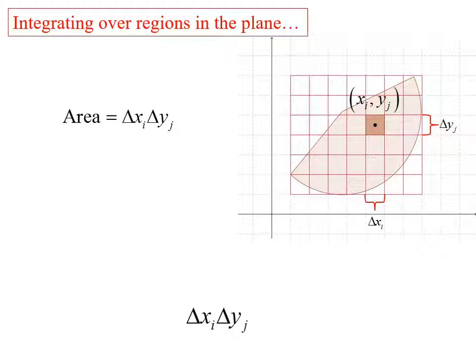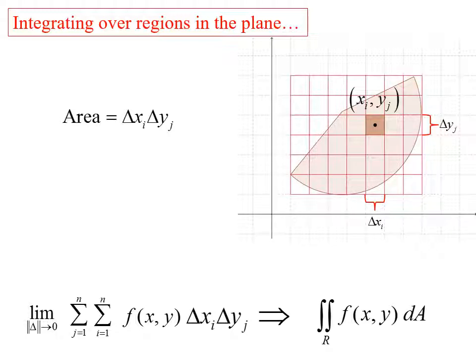We took that and multiplied by the height to get the volume of each rectangular solid. We added all of those up along the x and along the y. We did the limit as the norm of the partition went to 0, which means we divided it into more and more little rectangles, and that was our definition of the double integral.